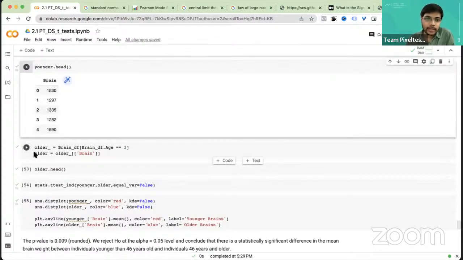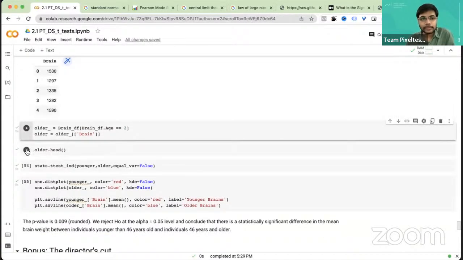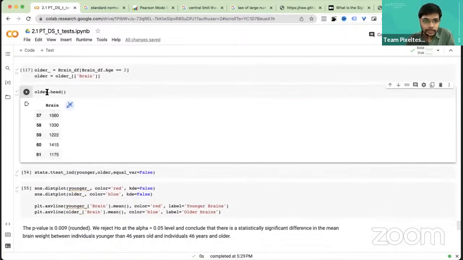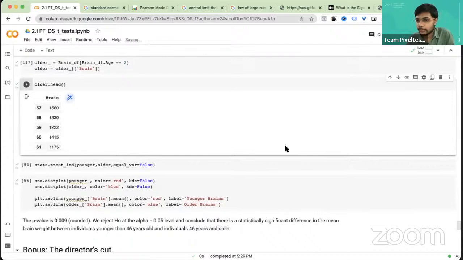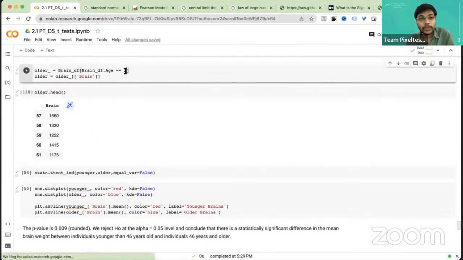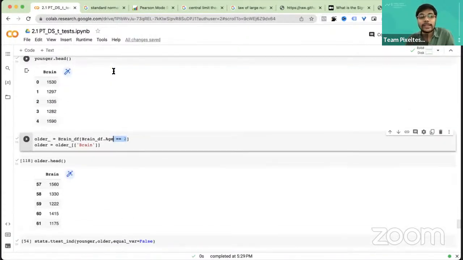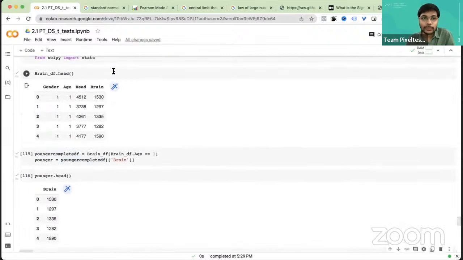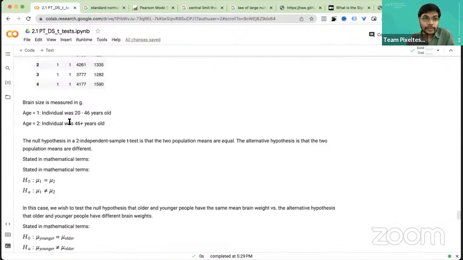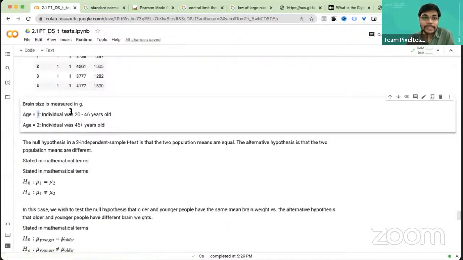Similarly, there is an older data frame which has the brain weights of older. We have taken both. Here in older we have taken age equal to 2. Age 1 or 2 is not saying they are a 1 year old or 2 year old. Here what we have said, age is 1 means he is between 20 to 46.